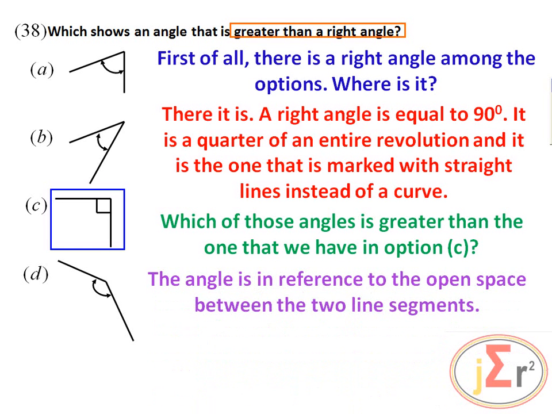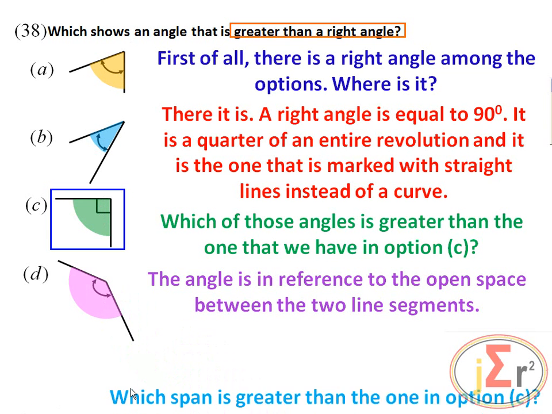The angle is in reference to the open space between the two line segments. So we have the two line segments, and we have them opened or giving a span like what we have right here, and we'll take a closer look at what we mean.